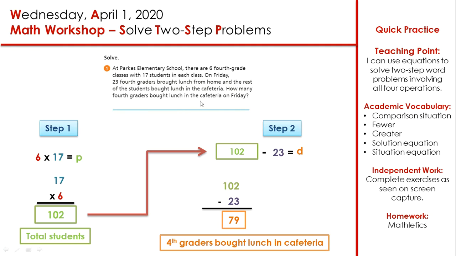If we take a look at step one again, step one doesn't answer the question that I'm being asked. It's just information that I need to get to my final answer, all right? So make sure that when you answer your question, you focus on the answer you got from step two.